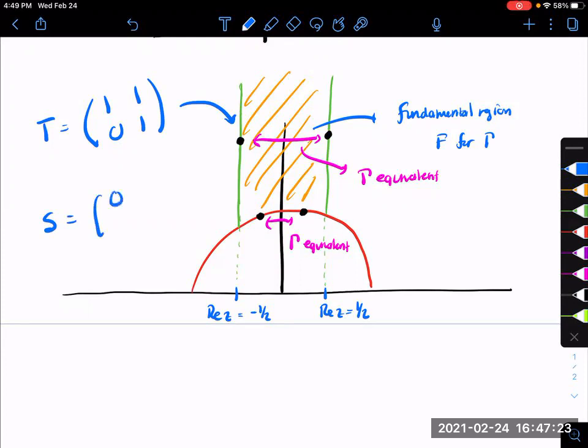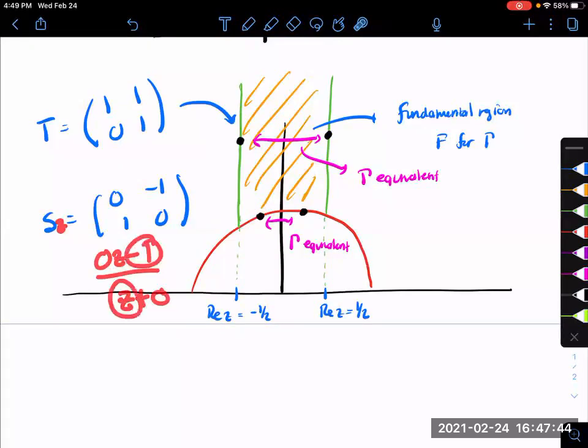There's two different ways you could write it. I think it's usually written like this, though. You could also put the negative here, but it doesn't matter, right? So this matrix will send z to 0z minus 1 over z plus 0, which is negative 1 over z. Okay, that governs these equivalences here.